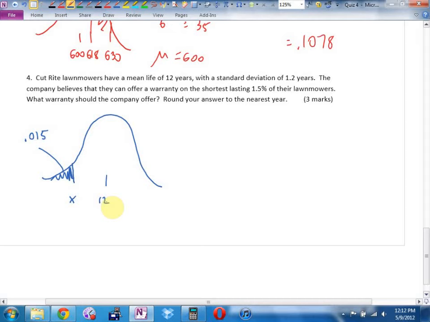What do I need to see if you're using your calculator? You need to tell me which way the tail is. In this case, it's to the left. You need to tell me what you typed in for the area, which is 0.015. And you need to tell me the standard deviation, which was 1.2. And you need to tell me the mean, which is 12.